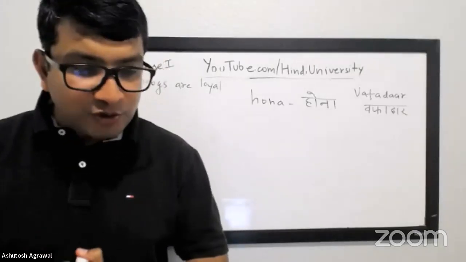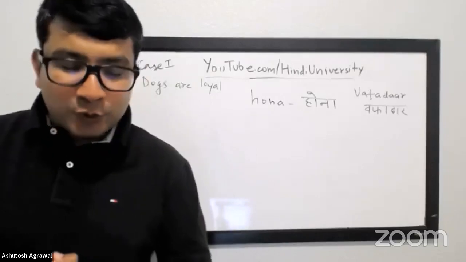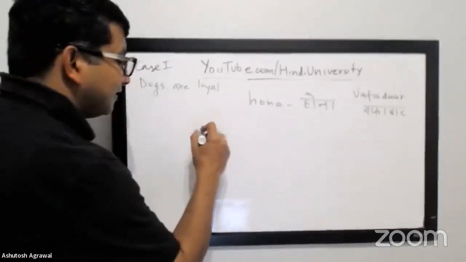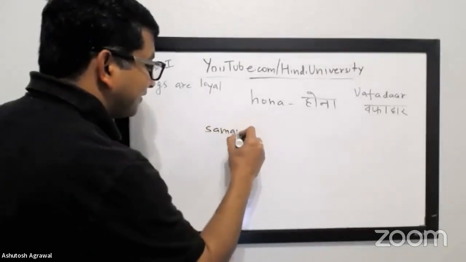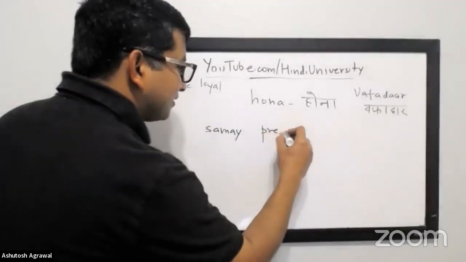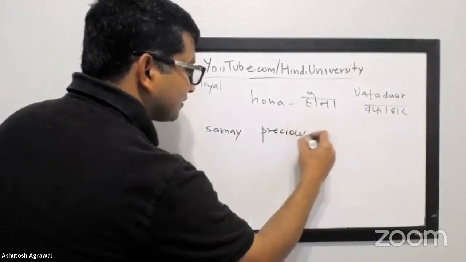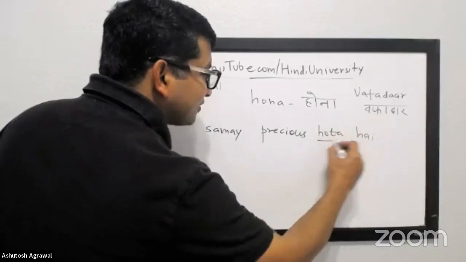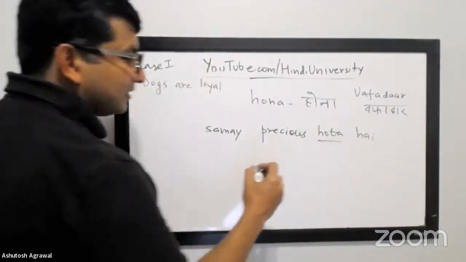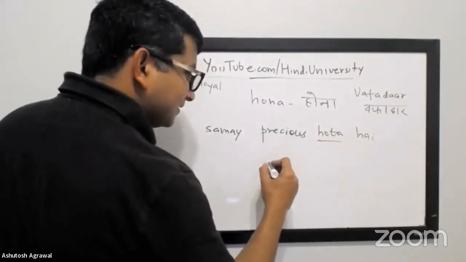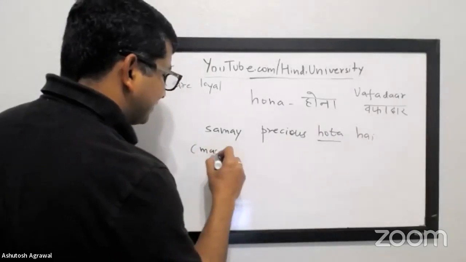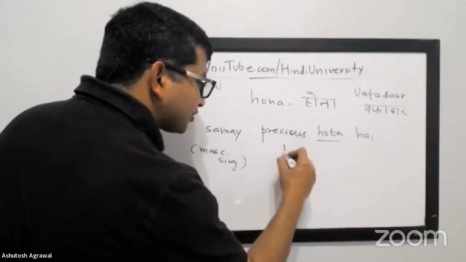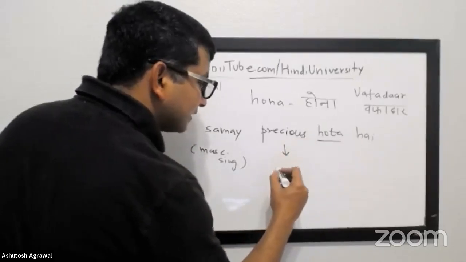Very common that you will hear. Generally true. How will you say? समय precious होता है. Very good. Right? समय precious होता है. Okay. Why did you say होता? समय is masculine, I hope. Consider masculine singular. Okay. Or for precious, what is the word that you guys will use?